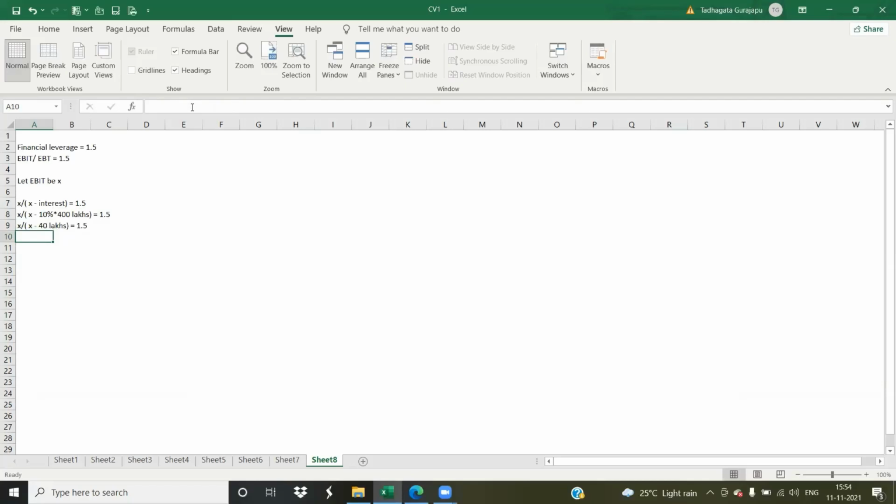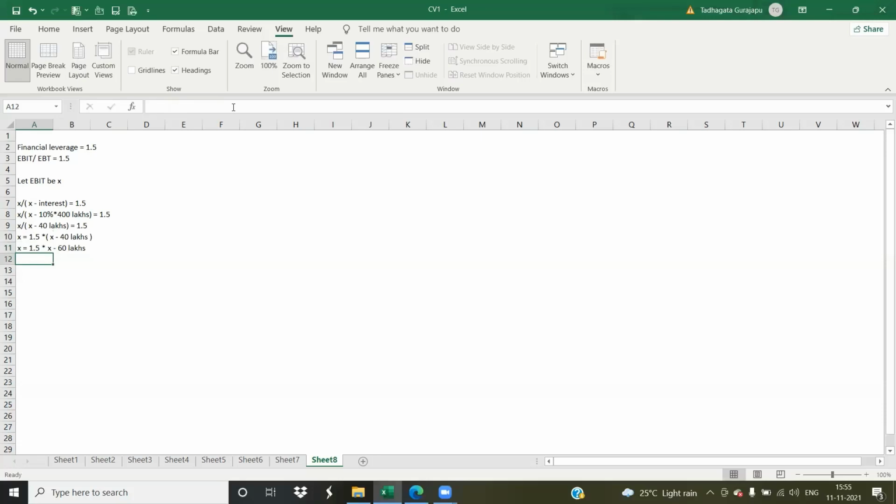Okay. So now solving this, let us take X minus 40 to the right hand side. So X is equal to 1.5 into X minus 40 lakhs. That gives us X is equal to 1.5X minus 1.5 into 40, that is 60 lakh, right?